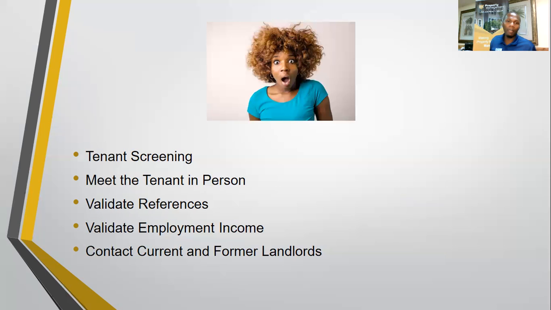That's why having a formal process, using a formal system, is always good, because when they sign those applications, whether electronically or on paper, they give you the authorization to get information from former and current landlords, and that will be a wealth of information as well. There's nothing better for me than when I contact the landlord and they say, I wish they didn't leave, I don't want them to go, but this is the reason why they're moving on. That makes me feel good that I'm getting a good tenant.